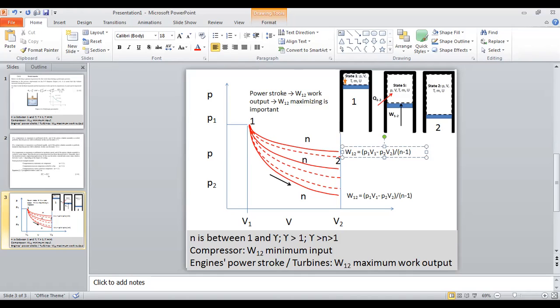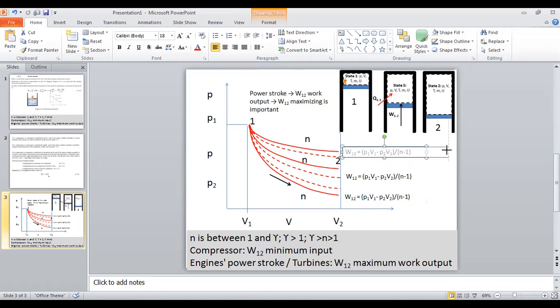V2 is fixed, but P2 is varying. That's why you see different P2 values based on the different W12.